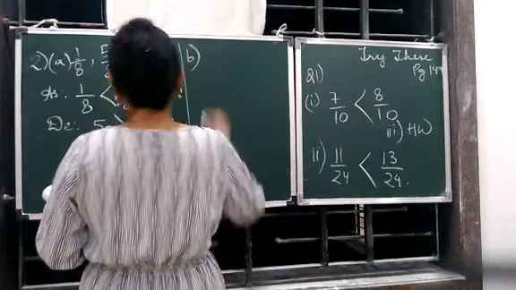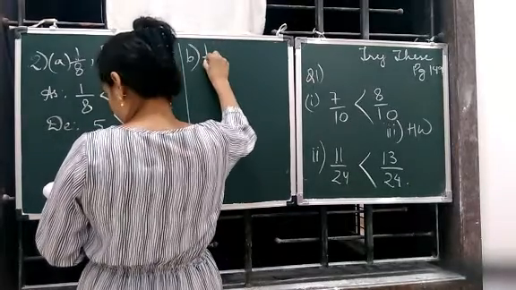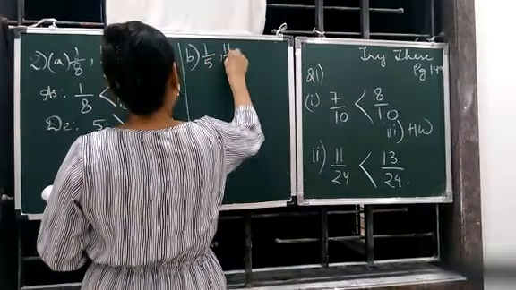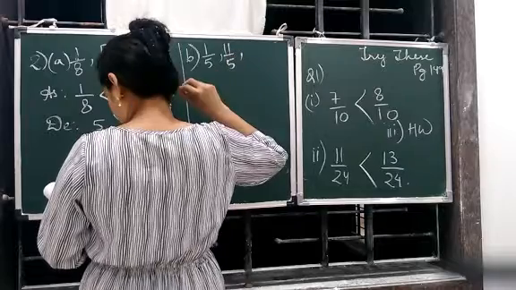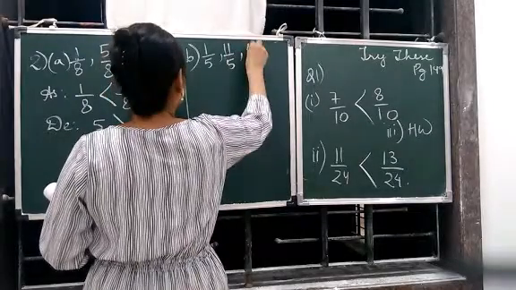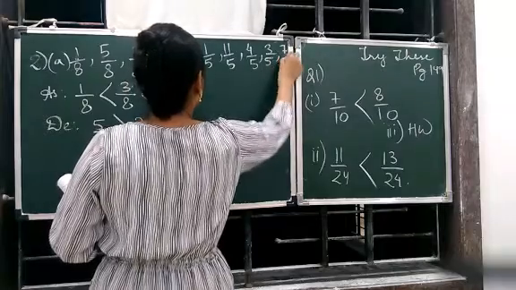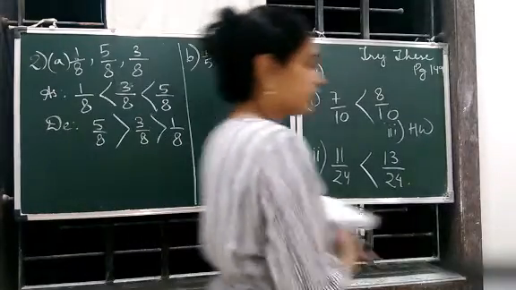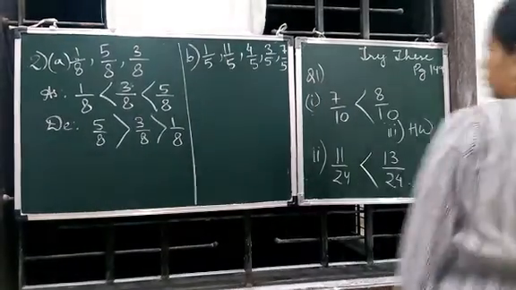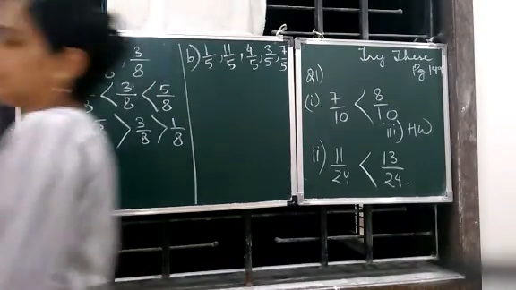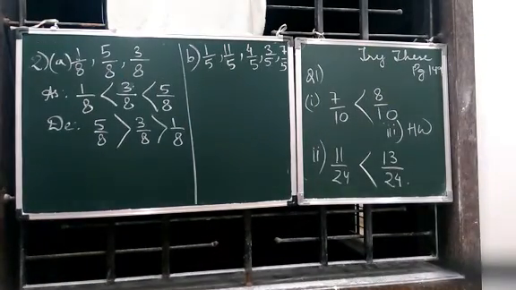Then comes B. 1 by 5, 11 by 5, 4, 3 and 7. Here also the denominators are same, children. So the small remains small and bigger remains bigger in the numerators.